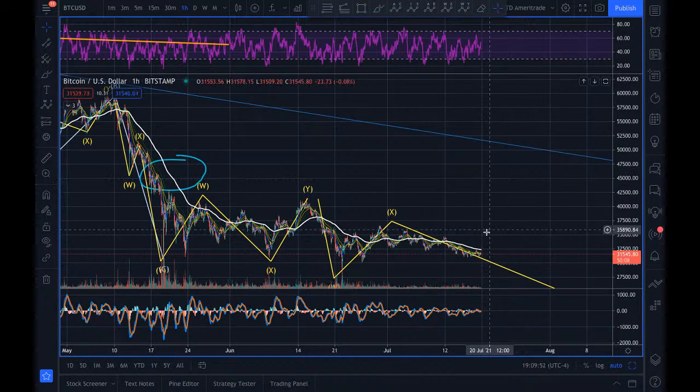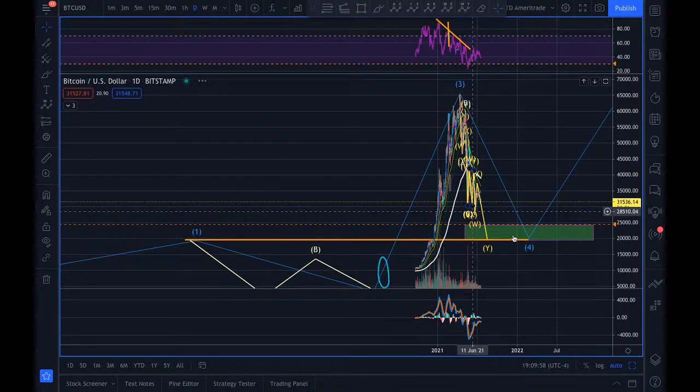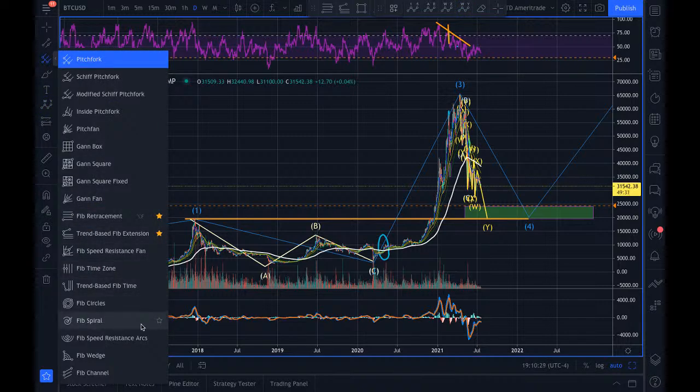Okay, so in the next few months, I think Bitcoin will go down to 19-ish. Maybe it'll go all the way down and really test it, or it might just come close. But that's the area I'm looking at. And then, the time frame's hard to tell. There are some tools you can check the time frame, such as the Fibonacci spiral right here on TradingView.